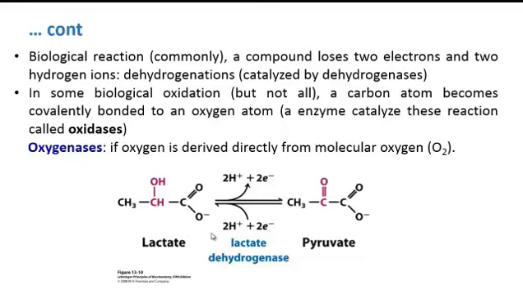By looking at the functional groups, we can see that lactate is an alcohol because it has an OH group, whereas pyruvate is a ketone because it has a carbon atom double bonded to an oxygen, meaning it has a carbonyl carbon. The electrons released in the reaction are transferred to the cofactor NAD. NAD is nicotinamide adenine dinucleotide, and this reaction is fully reversible.